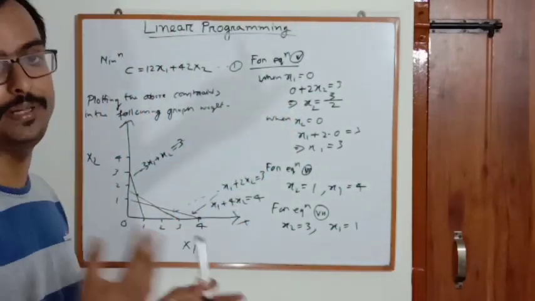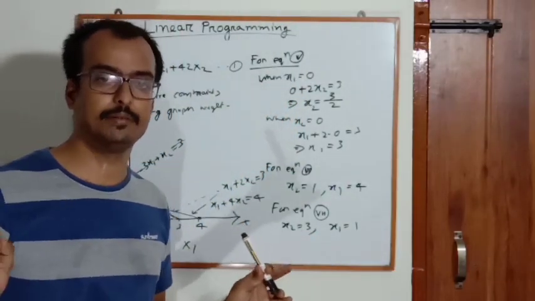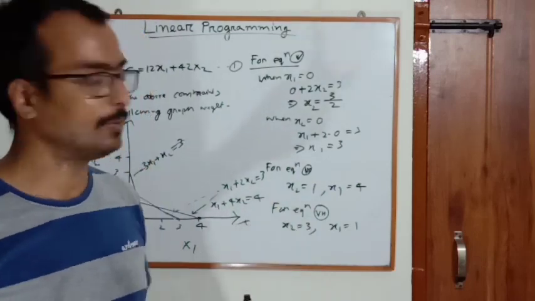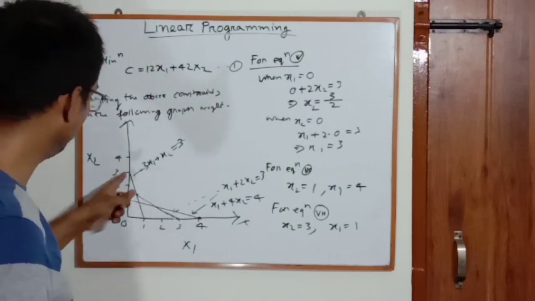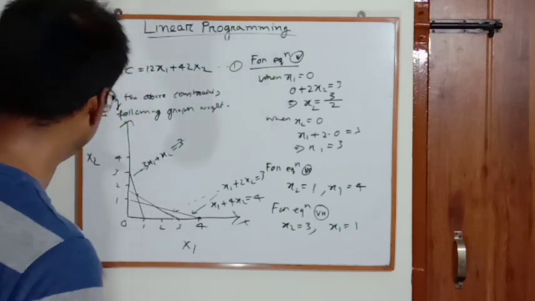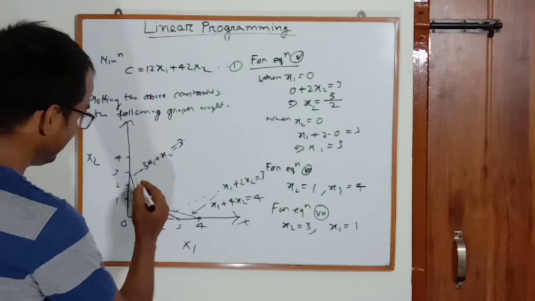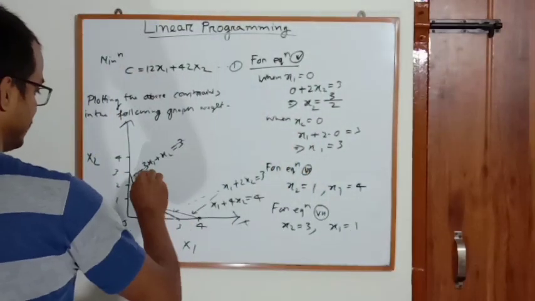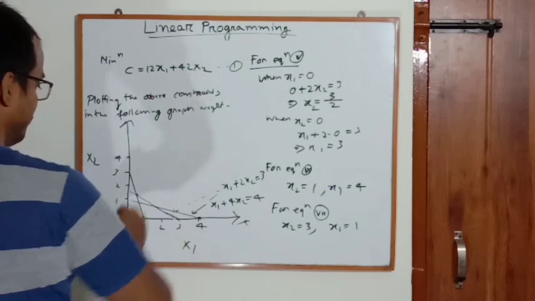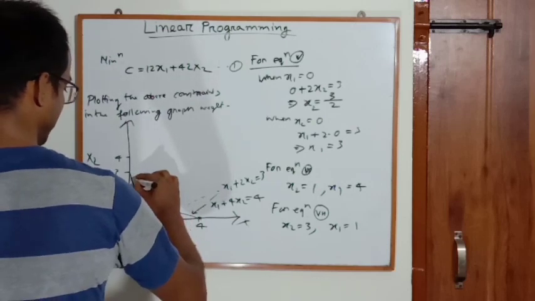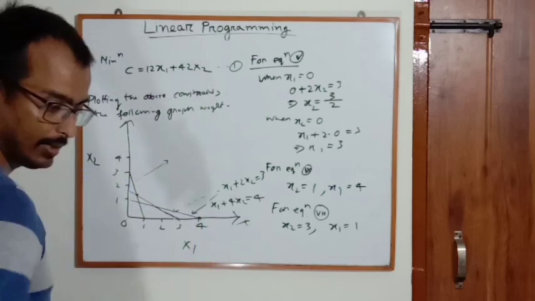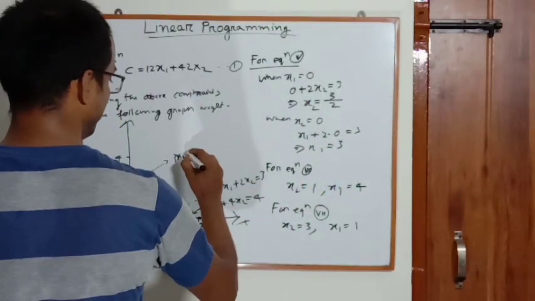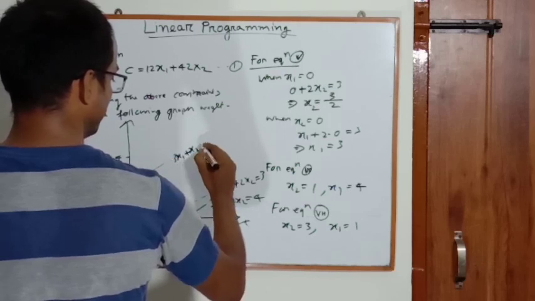Now again, from here everything is the same. So you can go for two ways of solution. You have to find out the values of the corner solutions. It was 3x1 plus x2 is equal to 3.